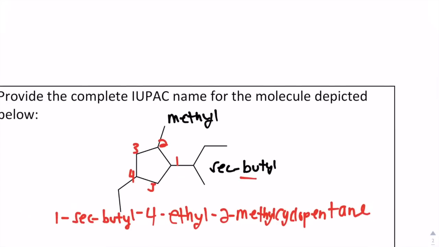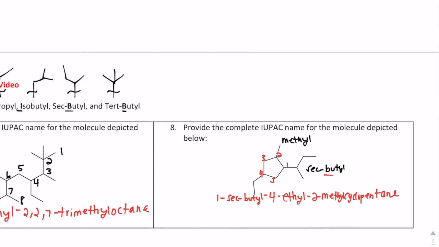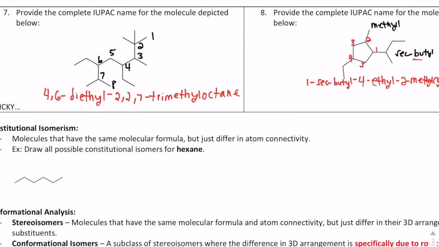Okay, so this molecule is 1 sec-butyl, 4 ethyl, 2 methyl cyclopentane. I know, a mouthful. All right, so I think naming isn't too bad. You just have to know those rules and find that best numbering scheme throughout these molecules. Definitely be able to do that on a test.